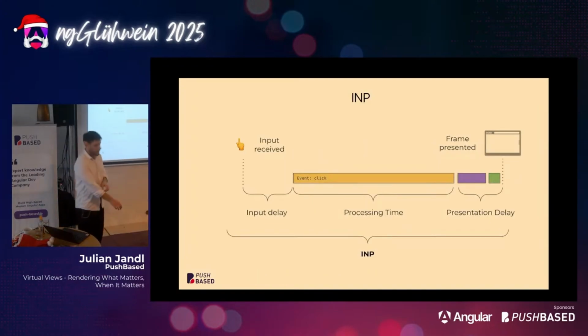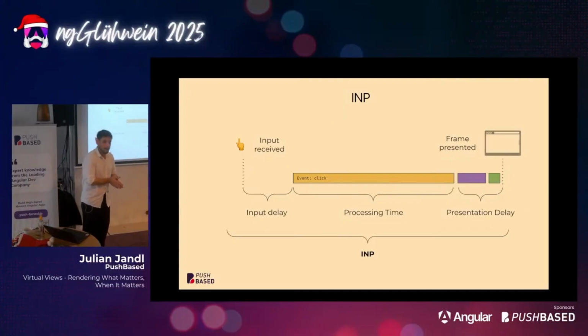This is also measured in subparts, and for INP we have 3 of those. We have the input delay, so how long does it take so that the browser can react to what you actually do. If your main thread is currently bloated with other work, the user clicks within that time or does something, then the browser has high input delay because it cannot react immediately. It has to wait for other work to finish.